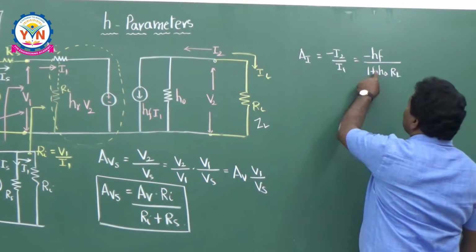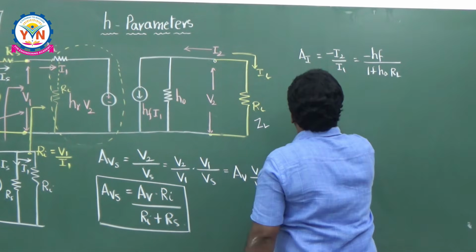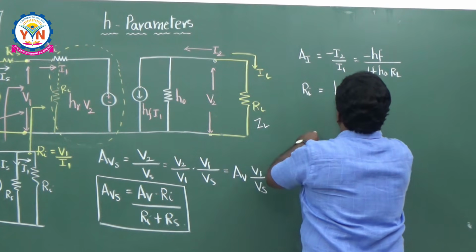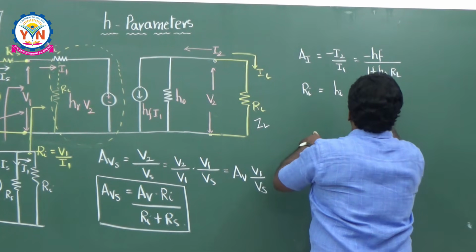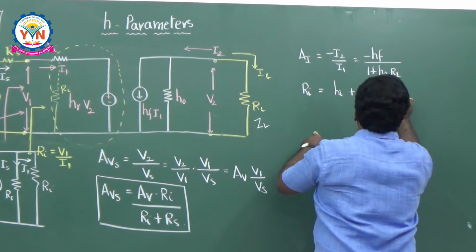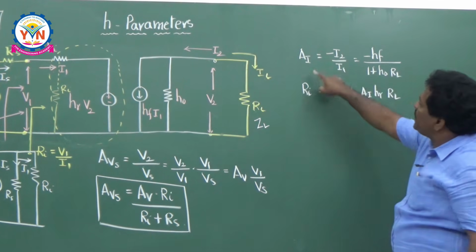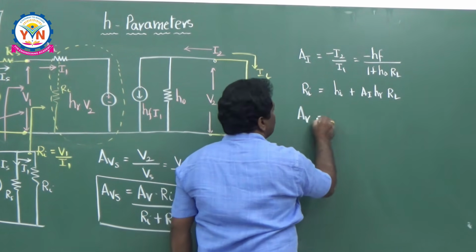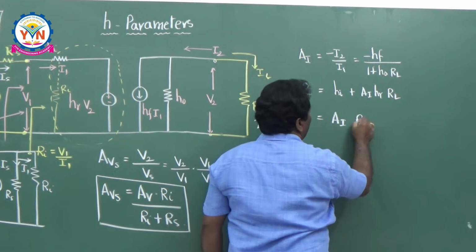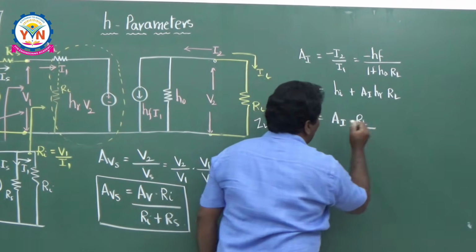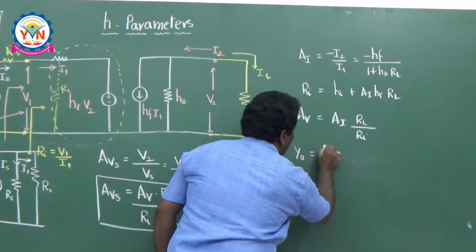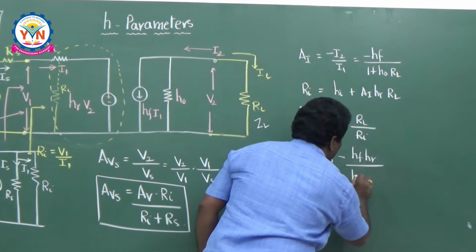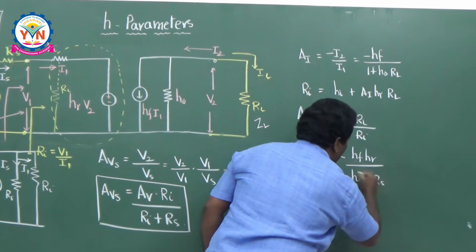Once AI is available, input resistance Ri is equal to HI plus AI into HR into RL. This is the second expression. Once AI and RL are available, AV is equal to AI into RL divided by Ri. Then the output admittance Y0 is equal to HO minus HF into HR by HI plus RS. This is the output admittance formula.